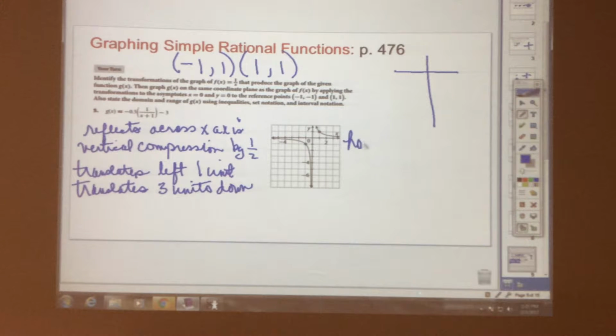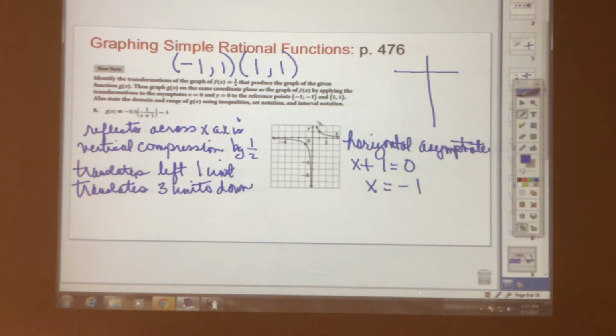All right, let me show you how to get the asymptotes. Here you go, Truman. To find the vertical asymptote, you set your denominator equal to 0. So my denominator is x plus 1. So when I set that equal to 0, it will give me x equals -1.